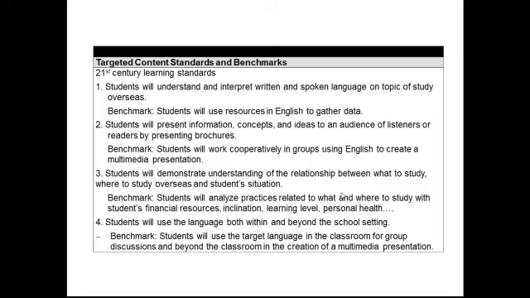These are some 21st century learning standards, and the students will apply them to learning the unit Studying Overseas. We have 4 21st century learning standards.